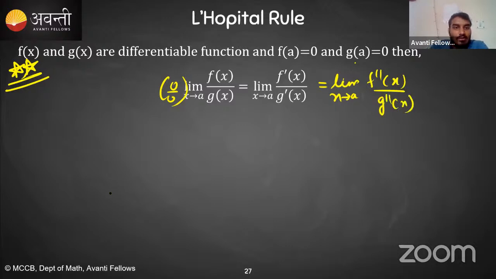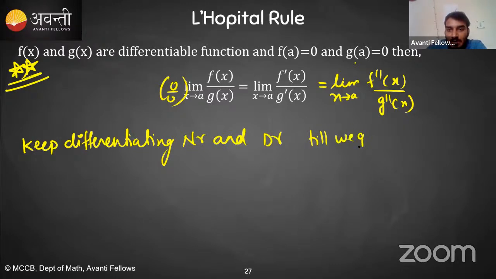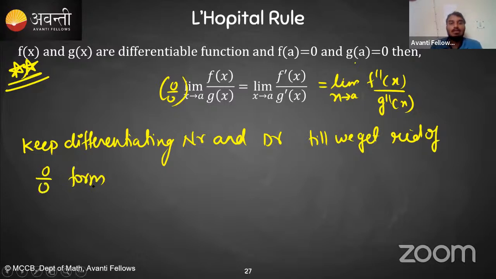So keep differentiating the numerator and denominator till we get rid of the indeterminate form, the 0 by 0 form. This rule is mainly applicable for the 0 by 0 form. Whenever you see the 0 by 0 form in limits, you can directly apply the L'Hopital rule. Is this clear?